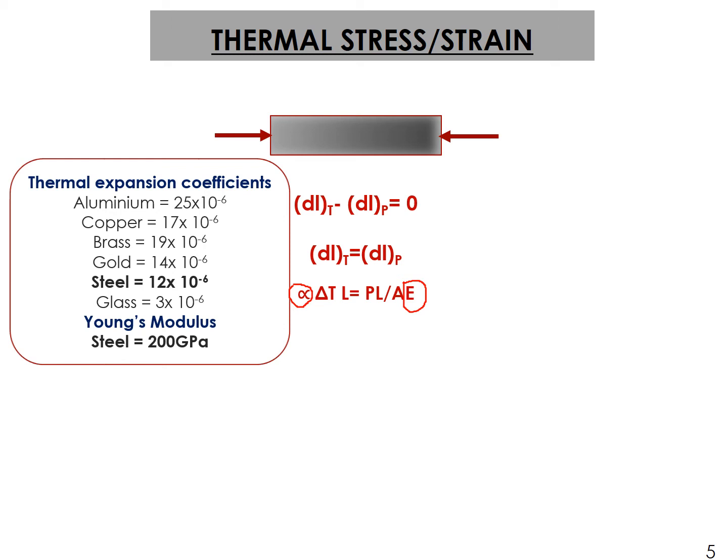Now, one thing I would like to stress here is the benefit. Suppose I've taken a bar, made of aluminium, and suppose it is a machine component. Since aluminium is more prone to extension, it will extend more.